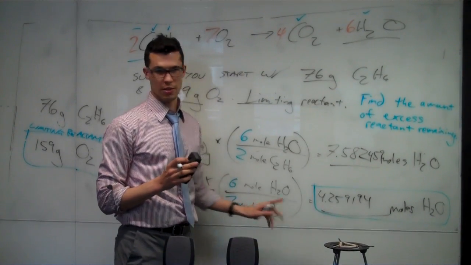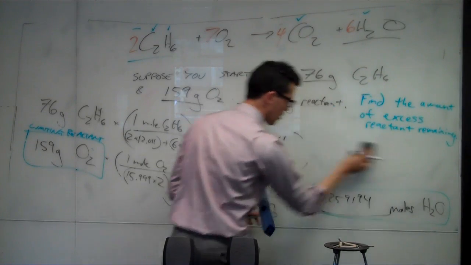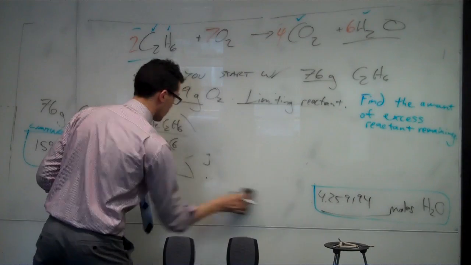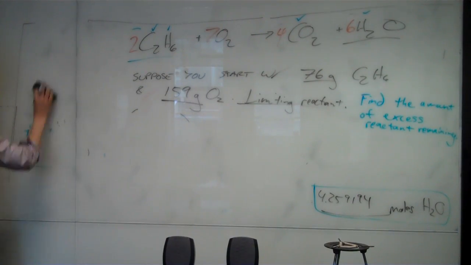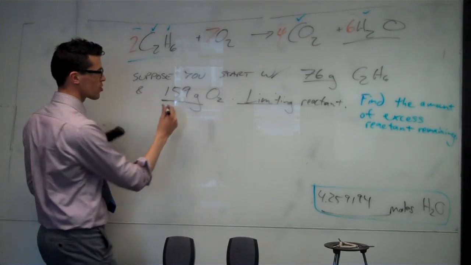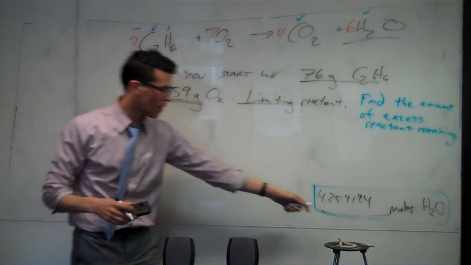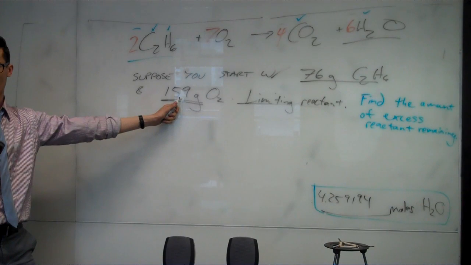I'm going to erase everything else but this. Okay, so this is our limiting reactant. This is the product that we get with our limiting reactant right here. So in other words, that's the maximum amount of product we can get starting with this and this. Okay?